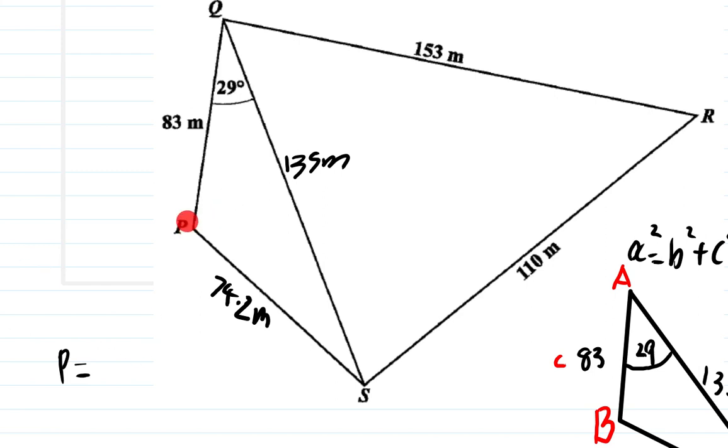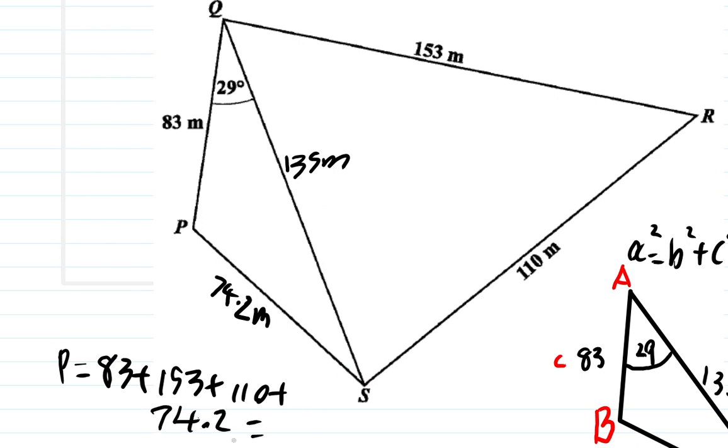We go up to Q, that's 83, plus, then across from Q to R is 153, plus, then from R to S, that is 110 meters, plus, then from S to P, that is 74.2.